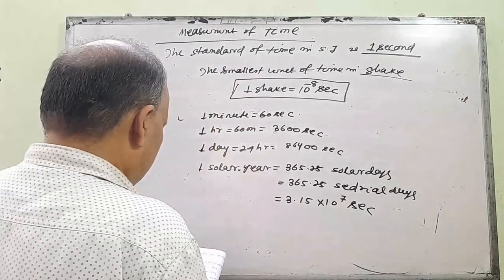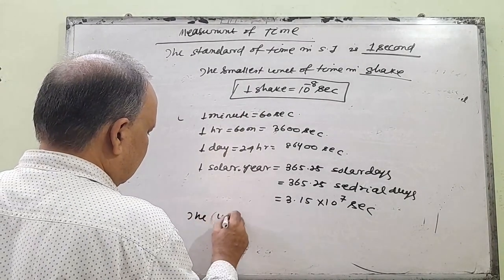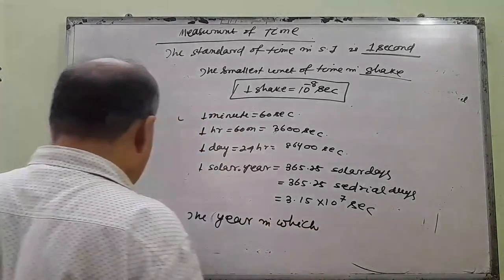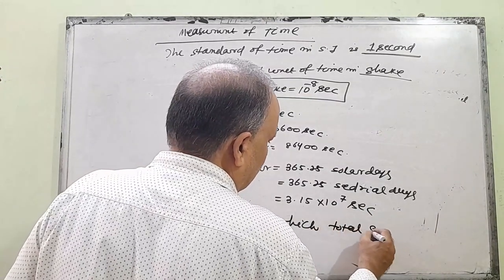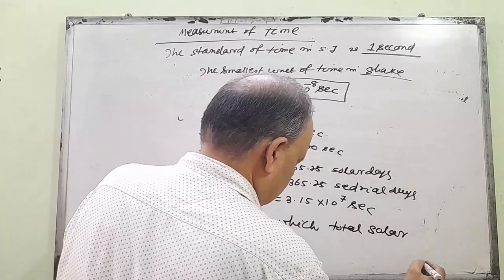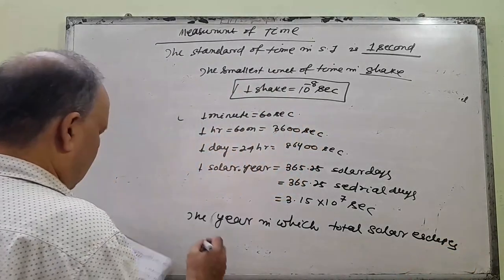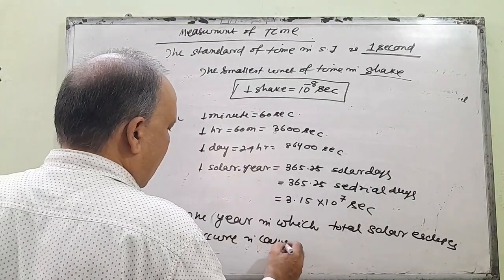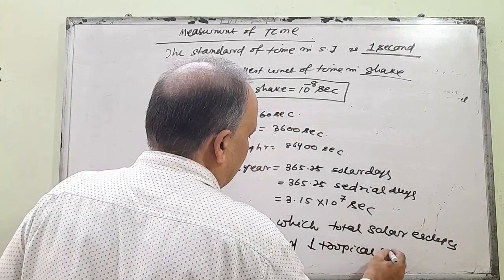You see, the year in which a total solar eclipse occurs is called 1 tropical year.